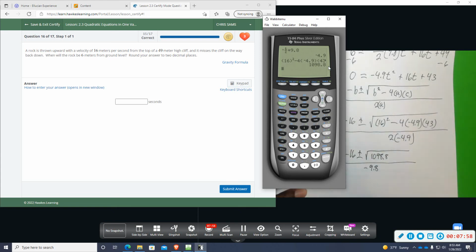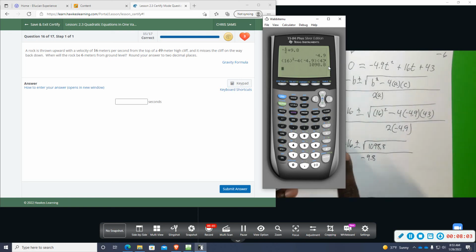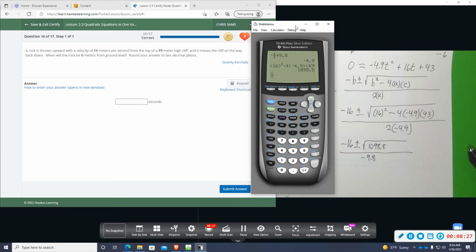Okay, so at this point, we have two possible solutions. We have negative 16 plus this amount divided by this, and then negative 16 minus this amount divided by this. So I'm going to get both answers and round to 2 decimal places. So again, I'm going to use that neat function, alpha, y equal, enter, and then I'm going to type, you can't see the negative, because the calculator's in the way. I'm going to type negative 16, and then I'm going to do the plus first.